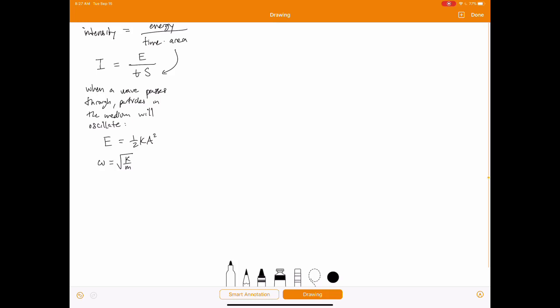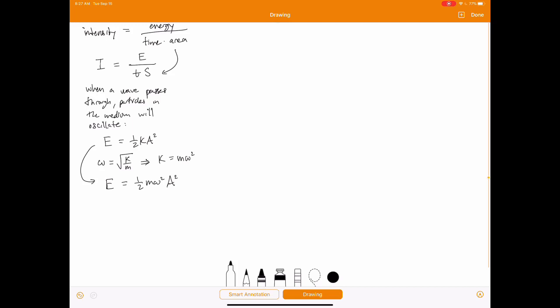The reason I'm bringing this into play is because if we rearrange this equation by squaring both sides and then multiplying through by m, we can get K is equal to m times omega squared, which means we can write the energy of the oscillating particles as 1/2 times m omega squared times a squared, where, by the way, a is the amplitude.